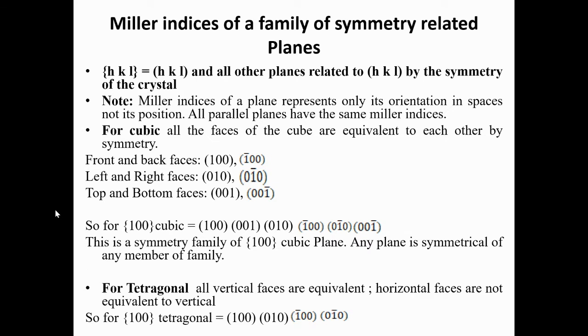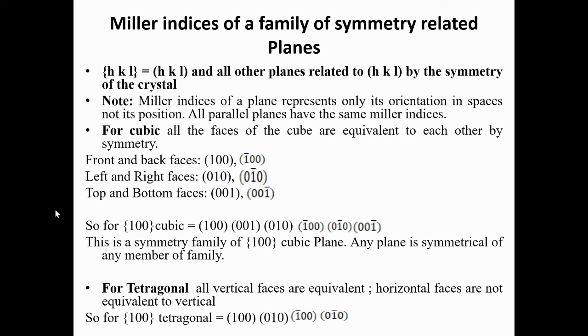So as I said in the previous example, all the parallel planes should have the same Miller indices. That means the Miller indices of a plane represent only its orientation in space, not its position. For example, for a cubic crystal, all the faces of the cube are equivalent to each other, like the front and back faces, left and right faces, top and bottom faces.